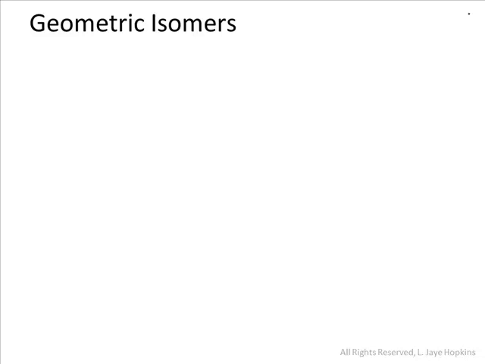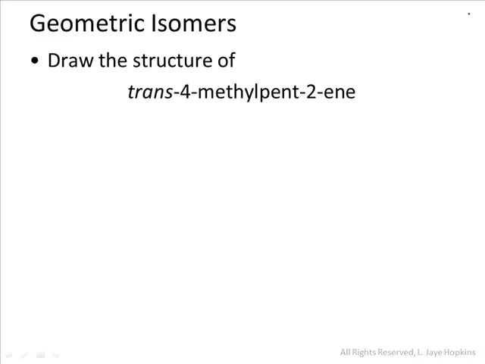Let's try an example. Draw the structure of trans-4-methyl-pent-2-ene. As you do this, be sure to check your structure to ensure that it does show trans geometry. You'll notice that if you condense your structure too much, it might not be cis or trans. Give it a try.